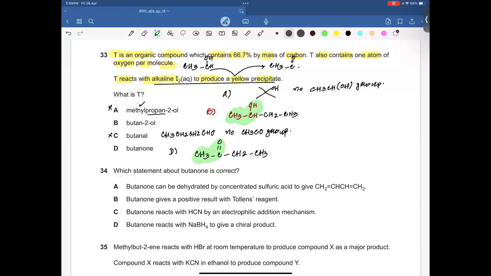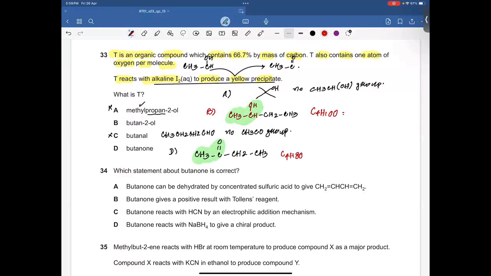This group will give you the iodoform test. So both of them have the same sort of test, but we need to find out the percentage by mass of carbon in both the compounds. The molecular formula of this compound is C4H10O, whereas the molecular formula of this compound is C4H8O.